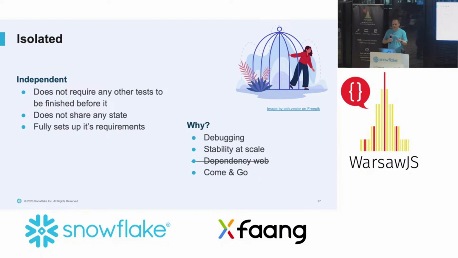Because finding which pair of two tests only fails when run together is really tedious and kind of boring. So to avoid that, I never make my tests dependent on any other test, and try not to share any state between them. This means setting up the whole environment and any requirements from scratch or resetting it fully before every run of the test.